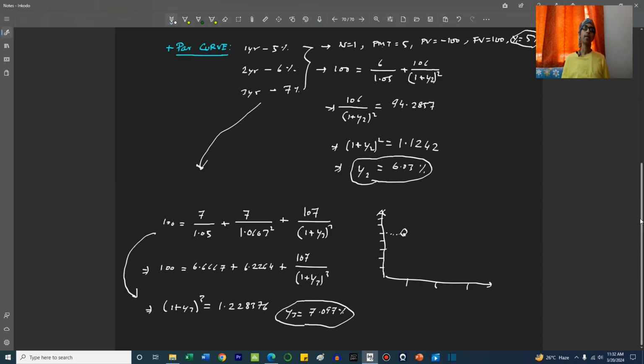The second year the value is 6.03, so it is just above 6. The third year it is 7.097, so just above 7. So the par curve will look like this somewhat.